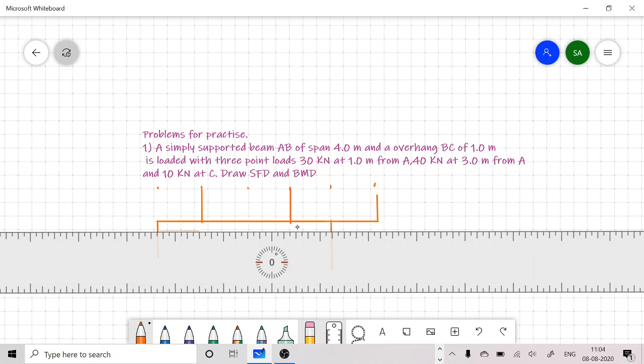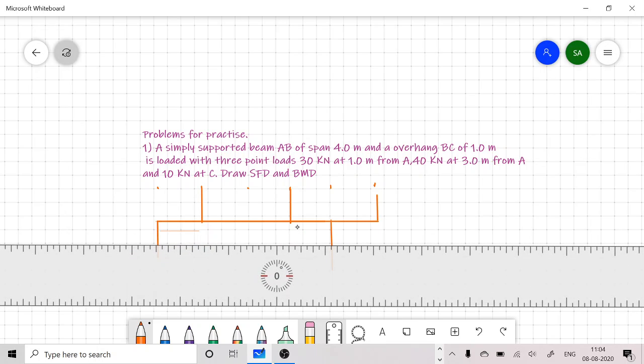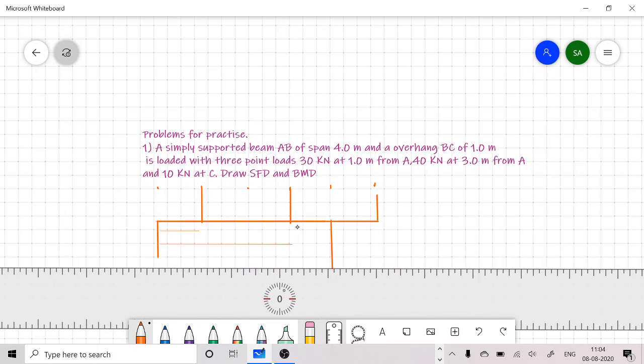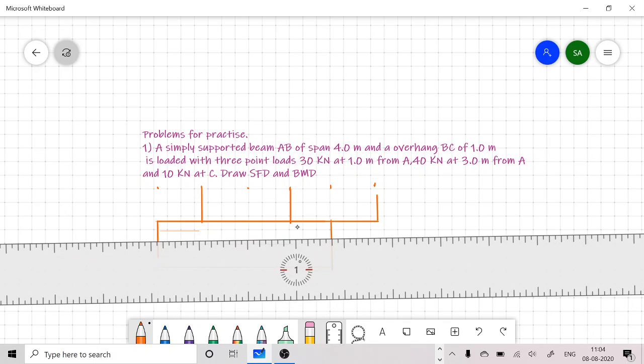This is 1 meter, then 3 meter from A. Total span is of 4 meter from A to B, and the overhang given is 1 meter.